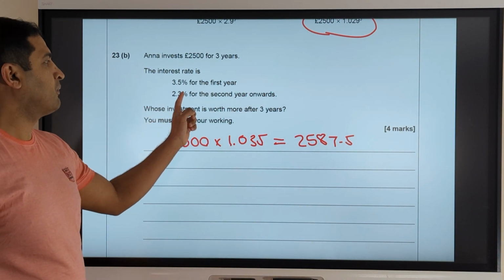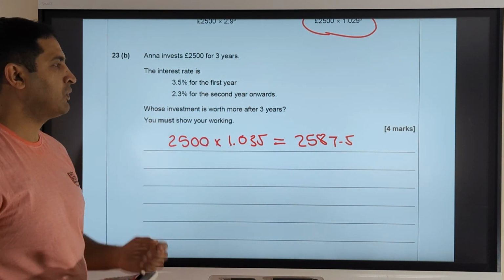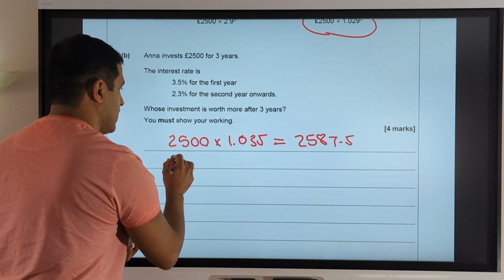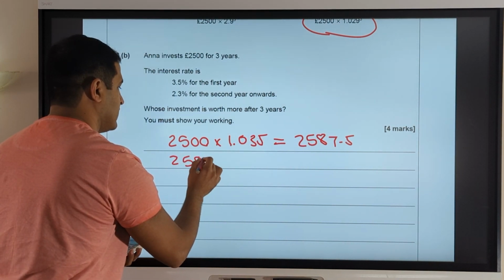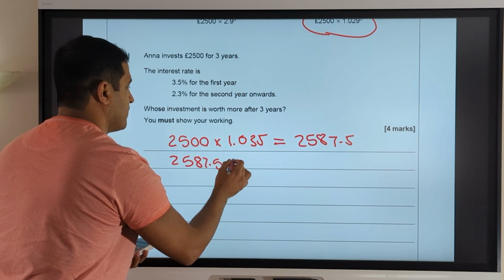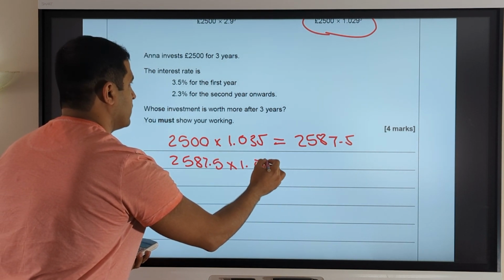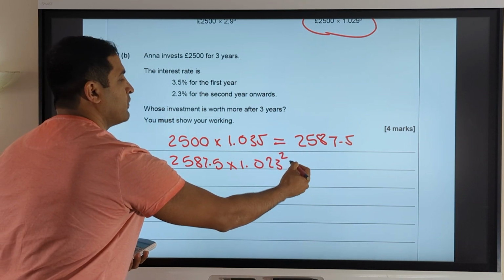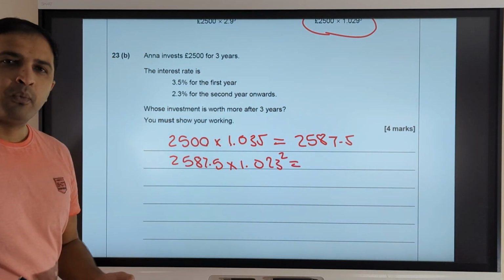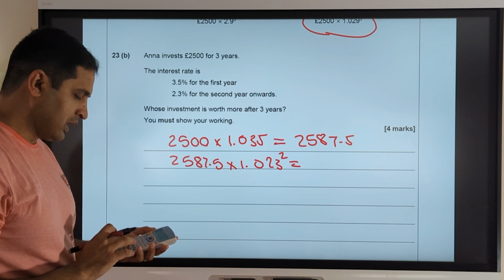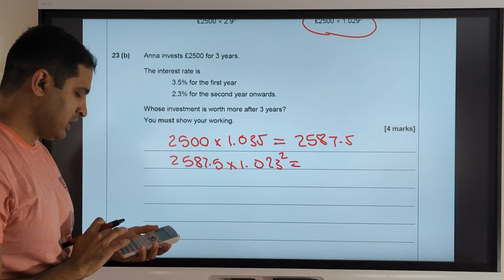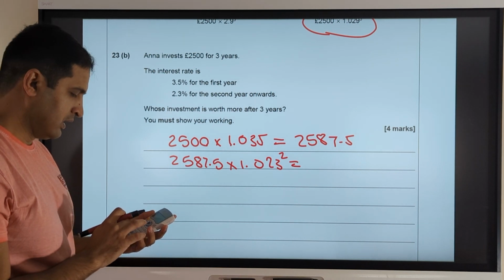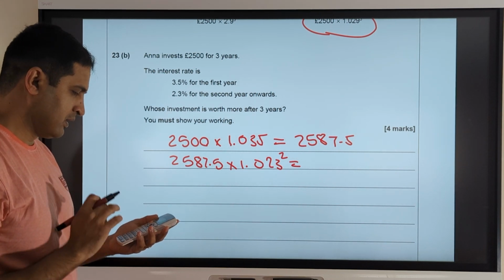And then for the second year onwards, you get 2.3%. So we need to do that amount, 2,587.5 multiplied by 1.023 squared, because you're looking for another 2 years. So working out what you would get at the end of the 3 years. So times by 1.023 squared.